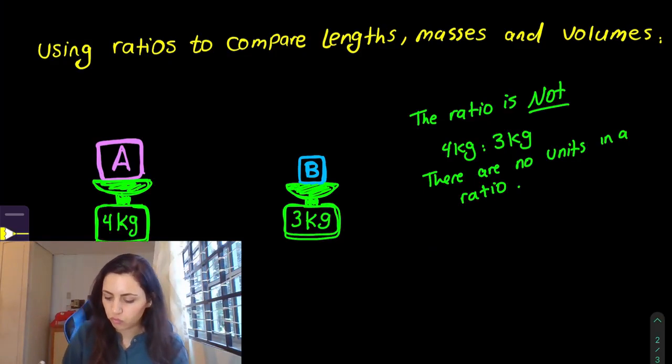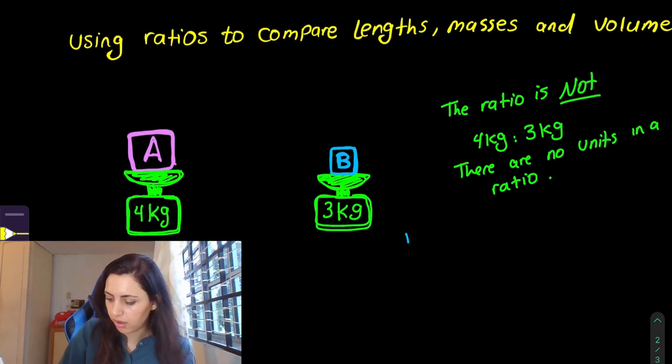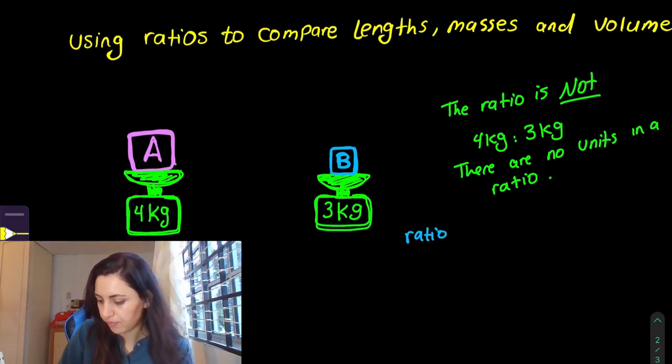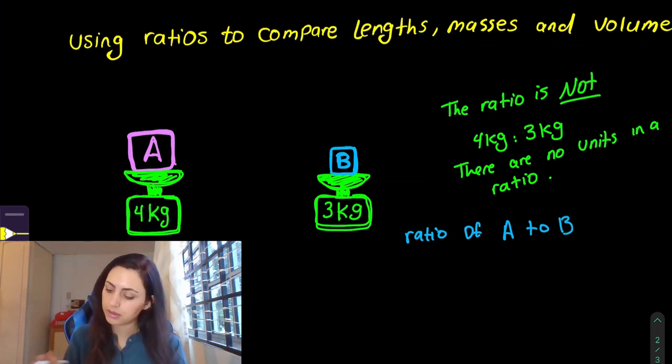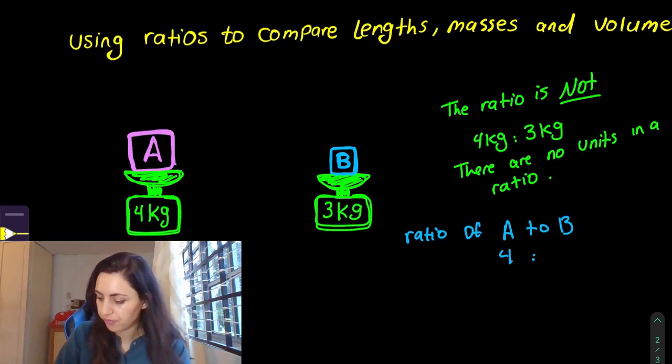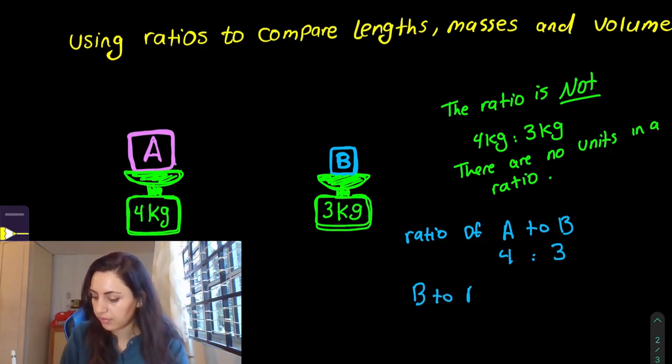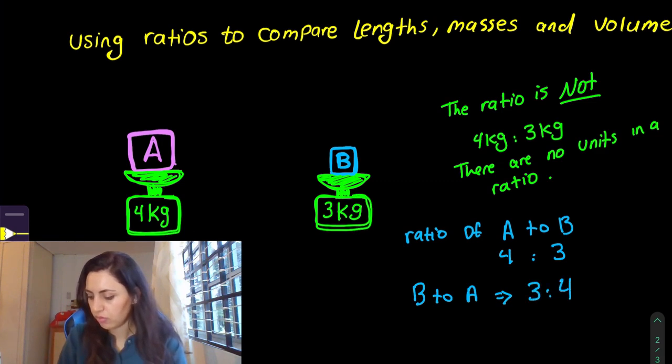So the ratio of A to B, object A to object B. Because we said A first, we write the number of A first. It will be 4 to 3. What is B to A? It will be 3 to 4.